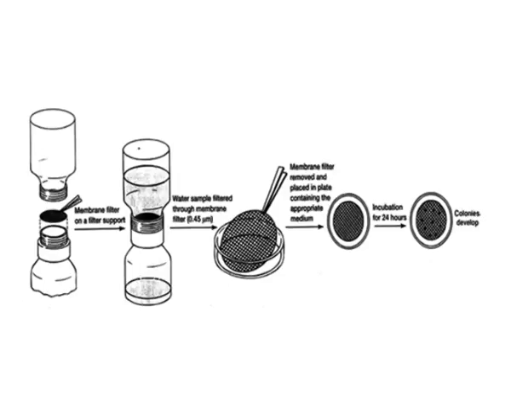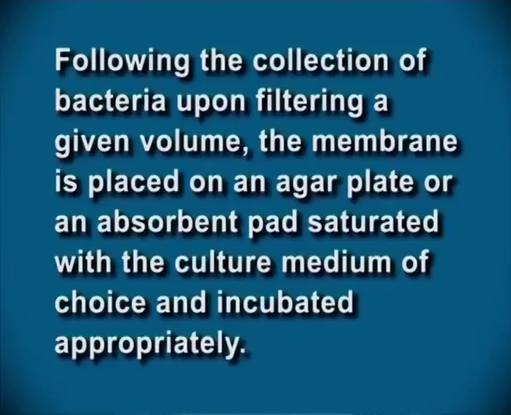Membrane filtration or MF. Membranes with a pore size that will retain bacteria, generally 0.45 micrometer, but allow water or diluent to pass are used as shown in figure 5. Following the collection of bacteria upon filtering a given volume, the membrane is placed on an agar plate or an absorbent pad saturated with the culture medium of choice and incubated appropriately.